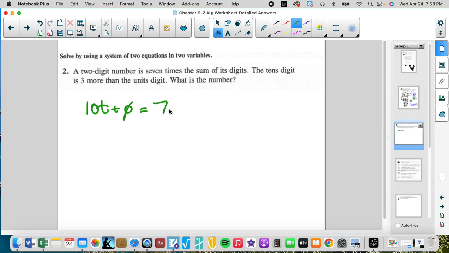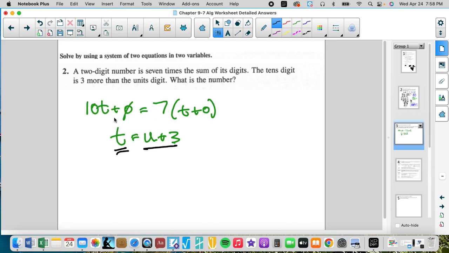So if we multiply 7 times the sum of its digits, t plus o, there's our first equation. The tens digit is 3 more than the units digit. So t equals units plus 3. Okay, we got our two equations. We don't even have to do anything. We can already substitute because we have what t equals, so we can substitute it into here.